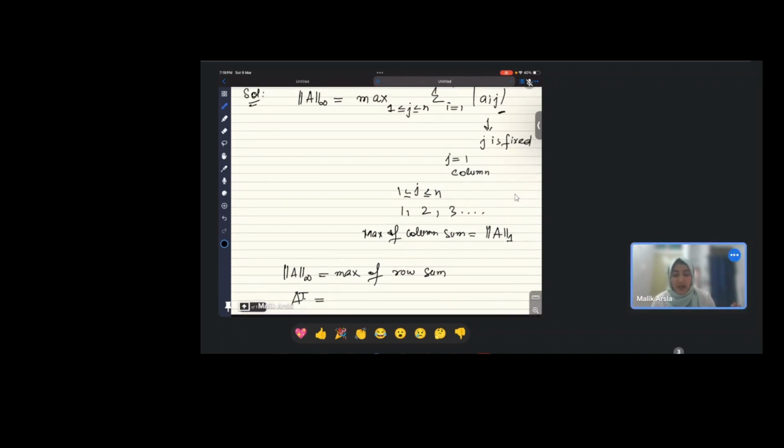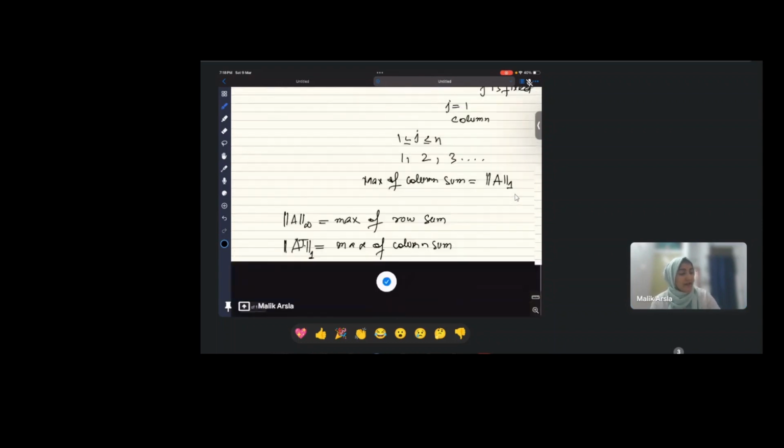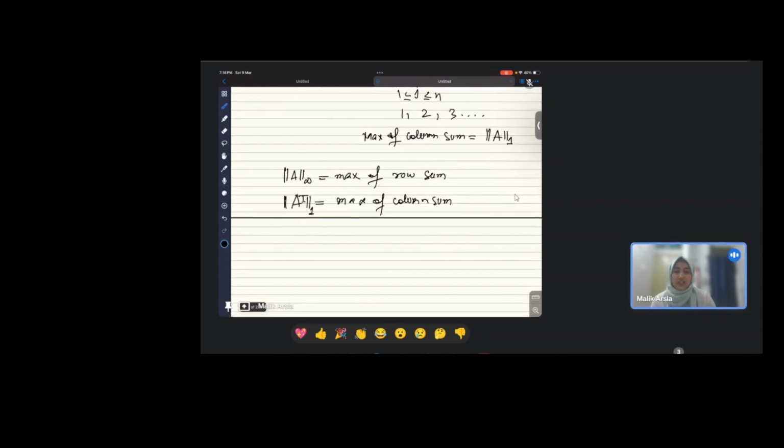When we are taking the 1 norm, the rows and columns get exchanged, and the 1 norm is the column sum. So the column sum of A transpose will be equal to the row sum of A. From here we can say that yes, the 1 norm of A transpose is equal to the infinity norm of A.